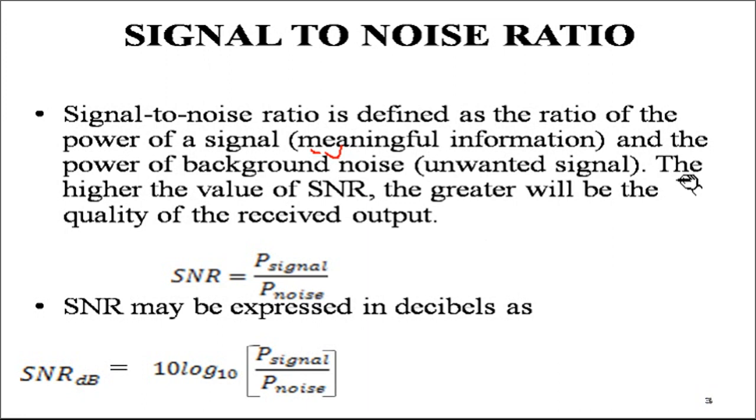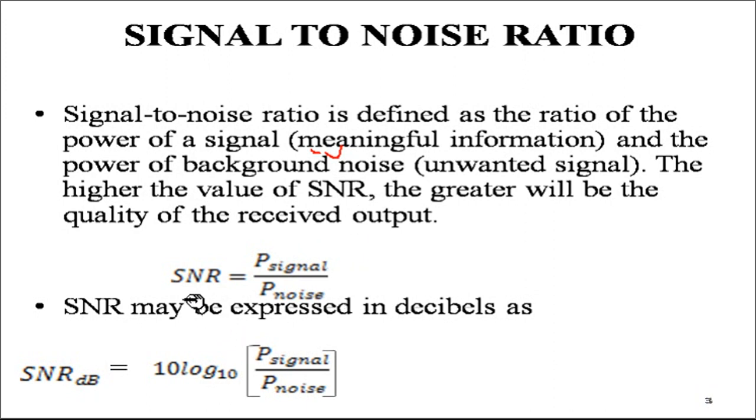The higher the value of SNR, that is signal to noise ratio, the greater will be the quality of the received output. It means the value of signal to noise ratio should be high, so that whatever you receive at the output will be of good quality.